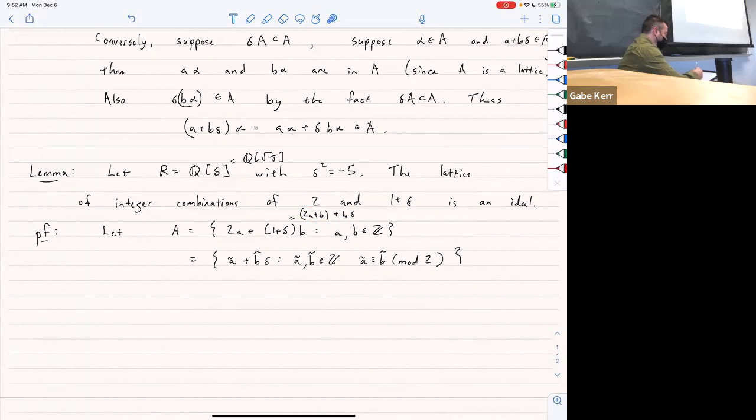So this is contained in this. On the other hand, if I have an a tilde and a b tilde, and their parity is both even or both odd, let's say they're both even. Since b here is equal to b tilde, I can just take b equal to b tilde, and then add any other even number to get the other even.